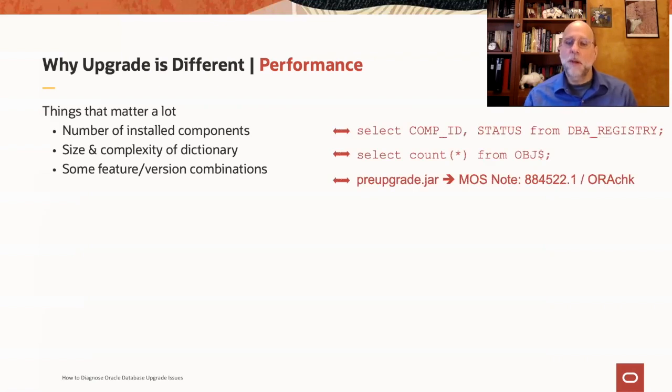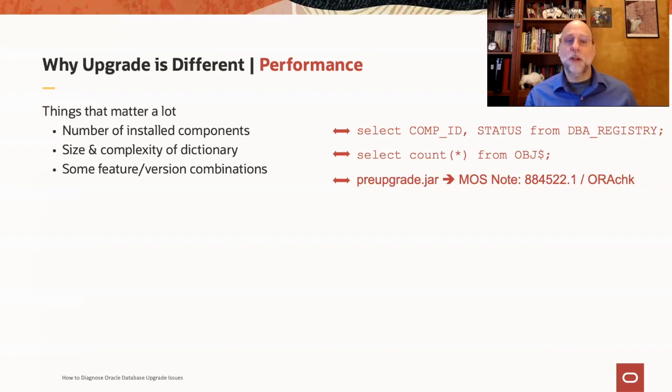Other things that matter would be things like the size and complexity of the dictionary. And you can measure that at a rough level by just doing a select count star from OBJ$. Now, an empty database might have something like 40 or 50,000 objects in it, depending on the number of components installed. A complex dictionary, like say E-Business Suite, which has over 50,000 packages in it, lots of dependencies and so on, might have 2 million objects in OBJ$.